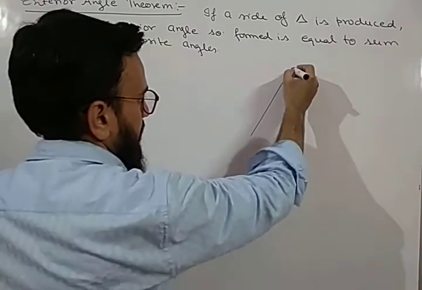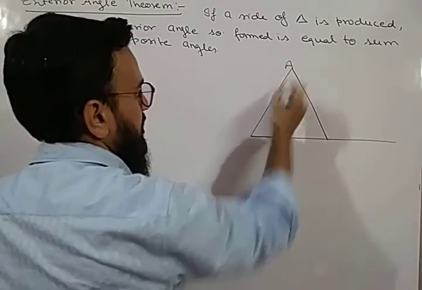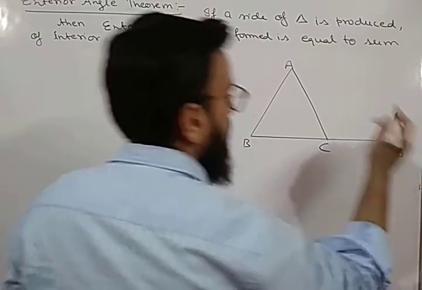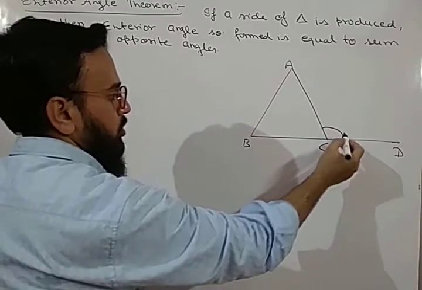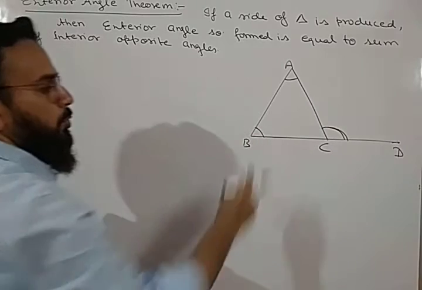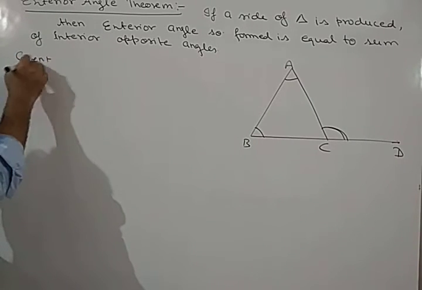Suppose we have a triangle ABC, in which side BC is produced. This is triangle ABC and side BC is produced up to point D. So what do we have to prove? This is our exterior angle. So we have to prove this angle will be equal to the sum of these two interior opposite angles. So first we will write the given. What is given to us?